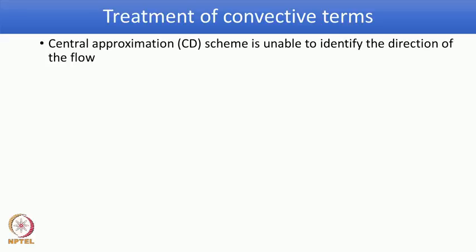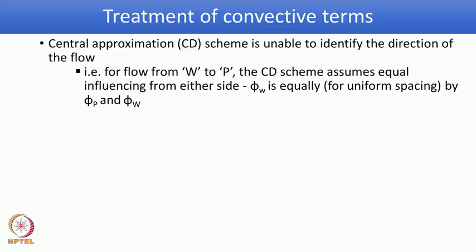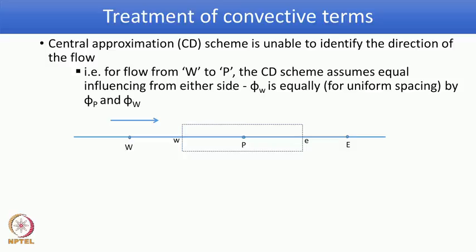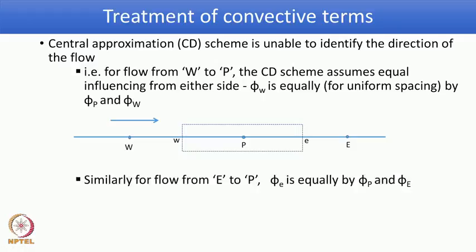We have already seen central approximation, and we noticed that central approximation does not recognize the direction of the flow; it takes equal weightage from the neighboring nodes. For example, in this case if the flow is from left to right, and we evaluate the variable at face west, then the neighboring nodes are P and W, and it takes equal weightage from both these nodes.